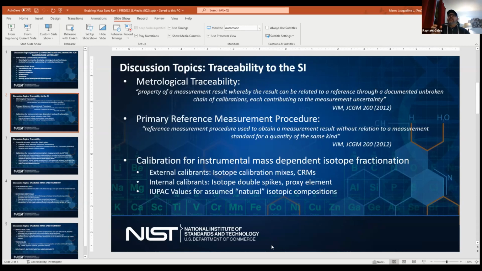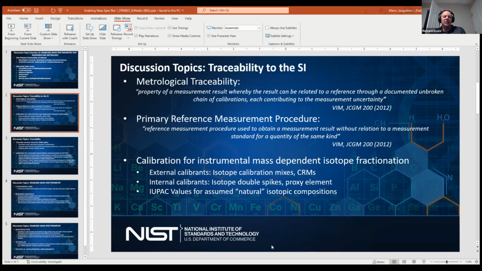So the question I have is, if you have a certain type of a CRM of natural uranium, does the certificate, you evaluate those, you measure those in your particular sample, are those IUPAC values declared on the certificate, or are the measured values put on the certificate? And if you are using IUPAC values, does that give you a large range to cover all the possible variations of uranium materials?